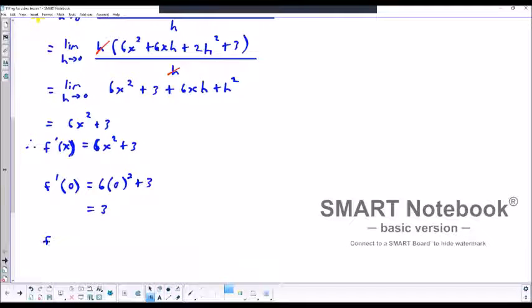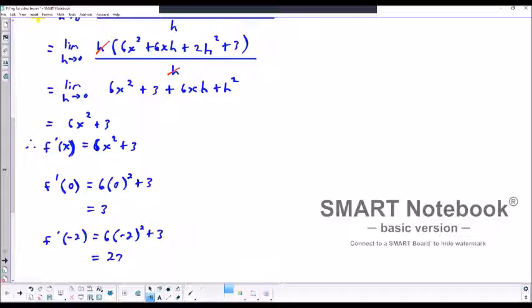We can substitute in negative 2. So we get 6 times negative 2 squared, so we get 6 times 4, 24, plus 3, 27.